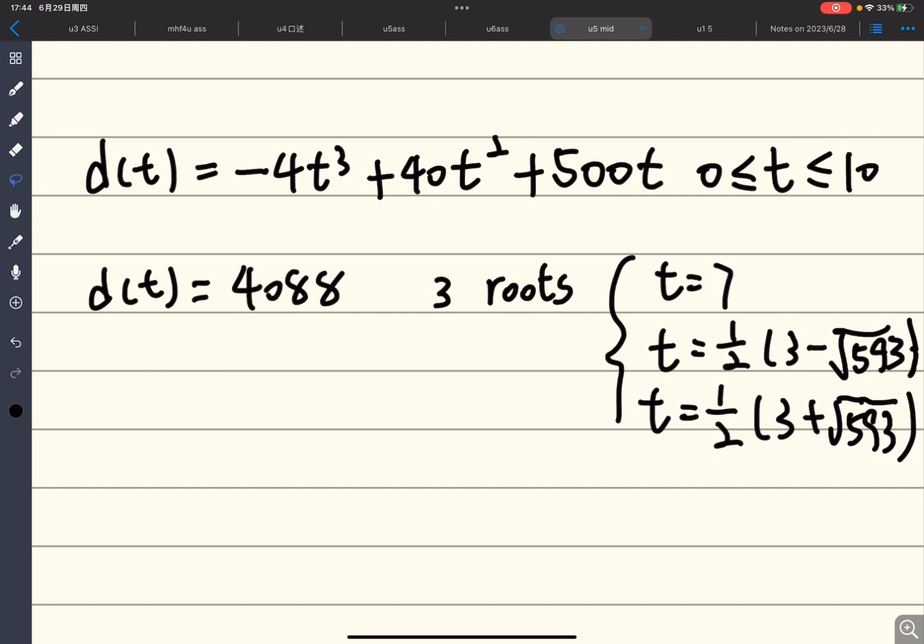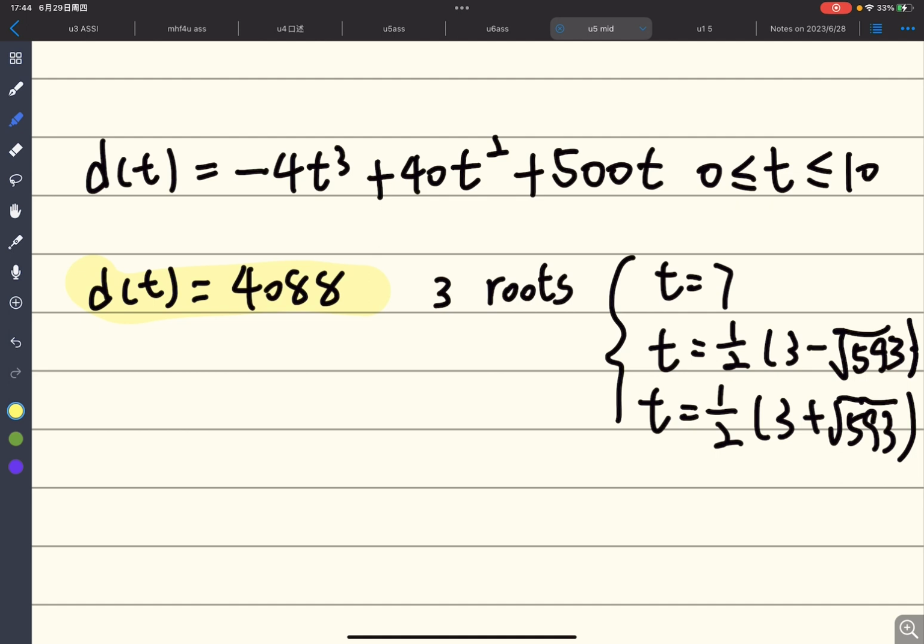How long does the plane take to fly 4,088 kilometers? This is a problem of solving for t when d(t) equals 4,088.